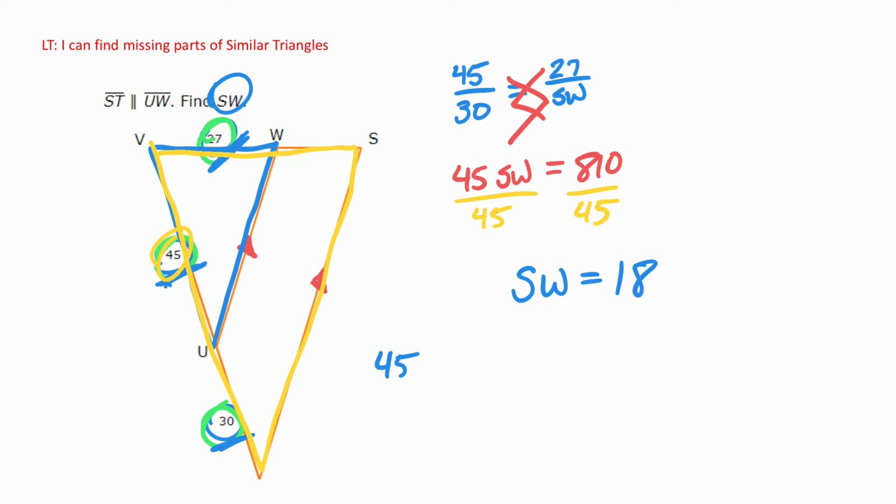So the side that correlates to 45 is not 30, it's 30 plus 45, which is 75. So our scale factor between these two triangles is 60%, but it's a 3 to 5 scale factor. It's 3/5 of the larger one.